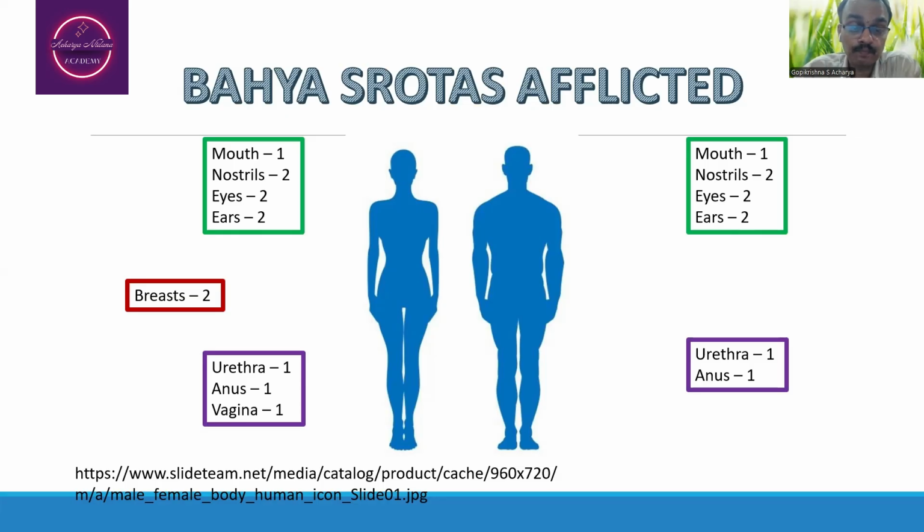If the pathogen enters through the urethra, the person may have burning micturition, or pain in the suprapubic region, etc. If exposure is through the anus, the person may have itching around the anus, bleeding through the anus, abnormal discharge, or pus discharge via the anus.